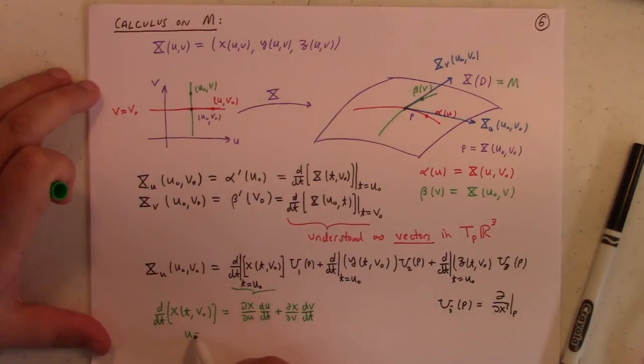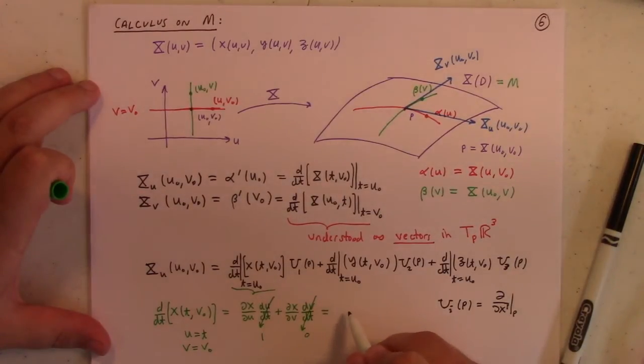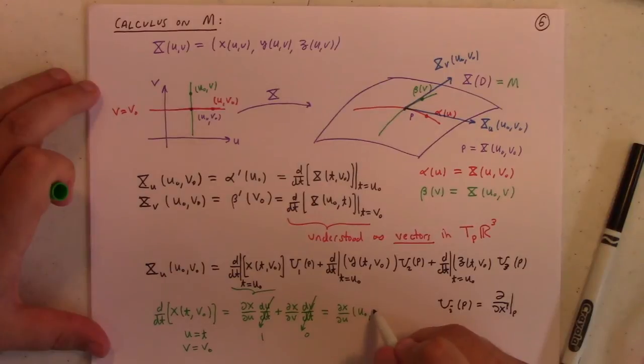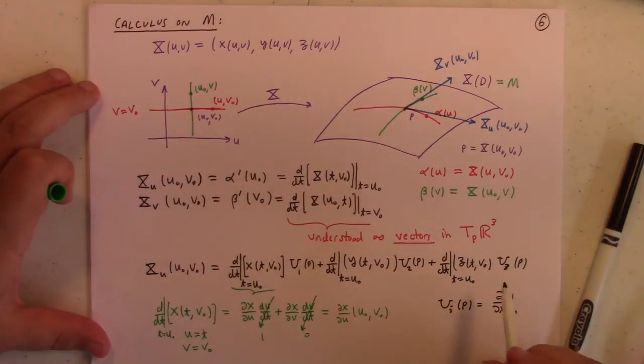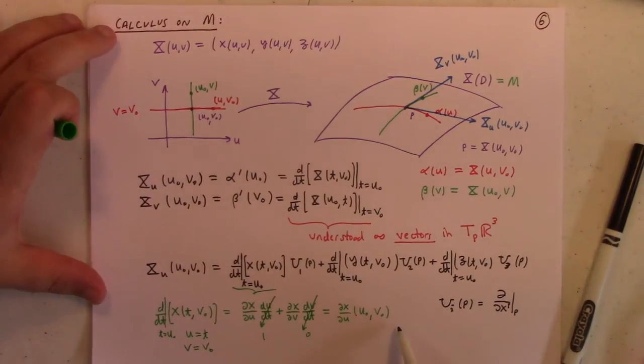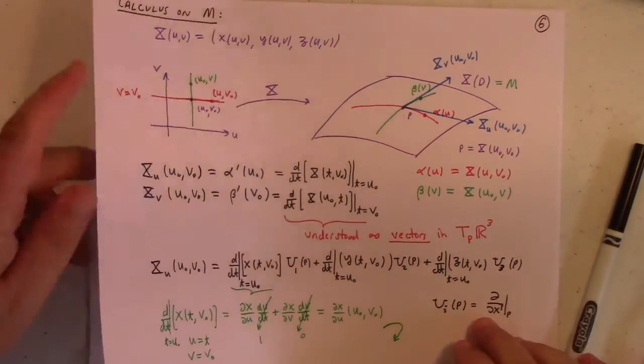But here u is equal to t and v is equal to v naught, so this just becomes dt dt, which is 1, and this is 0. And of course, to be more specific, it's really partial x partial u at the point u naught, v naught, supposing I eventually set t equal to u naught at the end of it, right? So let me summarize our results in the next page. It's very natural. It's kind of what you'd expect from the notation.